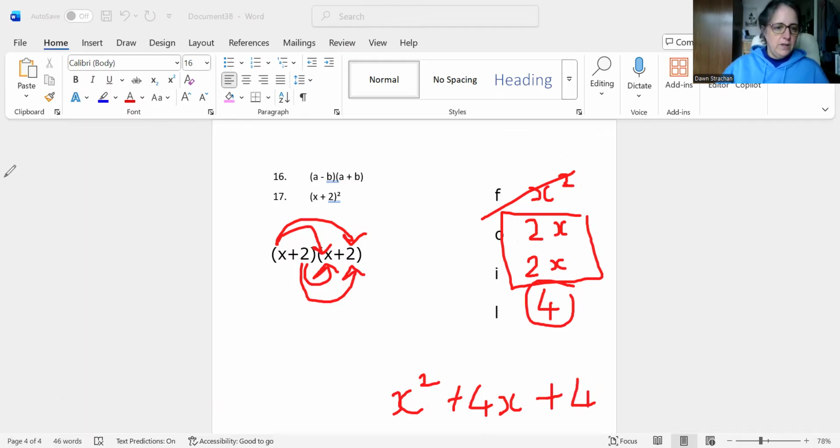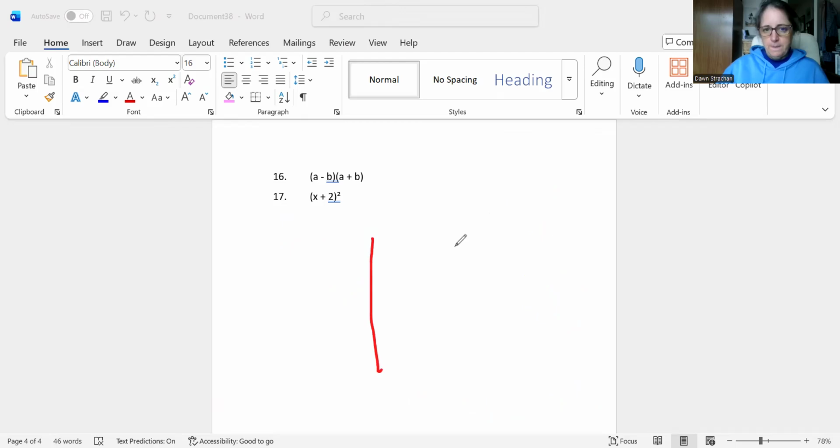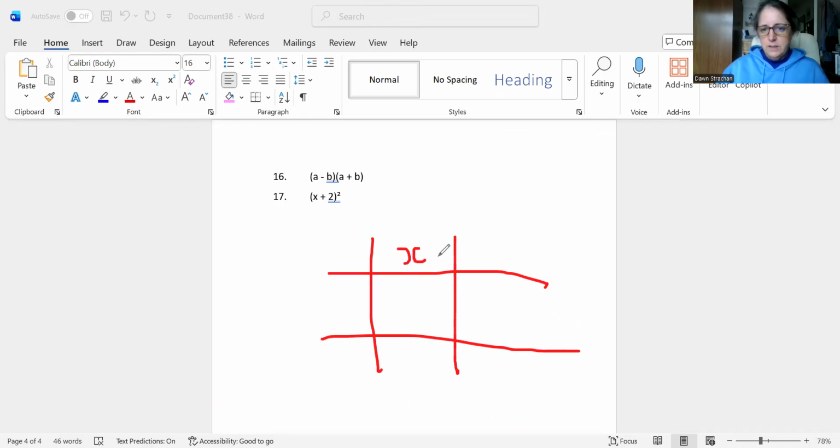And then we'll finally have a go at the waffle method. So we've got x plus 2 times by itself, so x plus 2. Because this is literally x plus 2 times by itself twice. So once, twice. Okay, so we've got x times x is x squared. X times 2 is 2x.